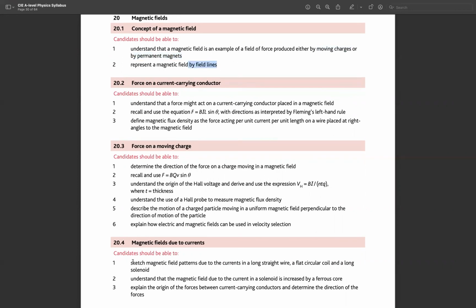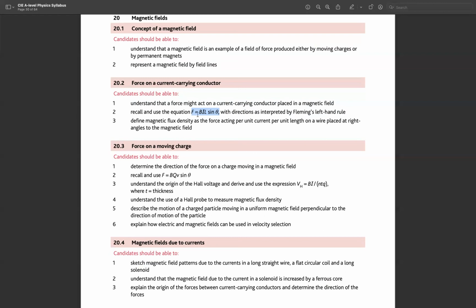At the bottom, you can also sketch the magnetic field pattern in a long straight wire, flat circular coil, and long solenoid. Understand that the magnetic field due to the current is increased by a ferrous core, and why and how a ferrous core can improve the strength. Understand that a force acts on a current-carrying conductor placed in a magnetic field, and the calculation behind it, BIL sine theta. Direction you find using Fleming's left-hand rule. Make sure you know how to use Fleming's left-hand rule.